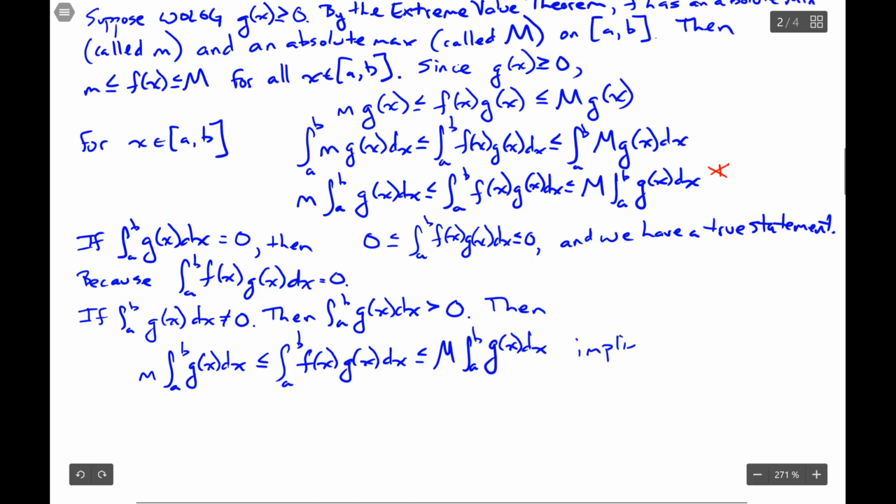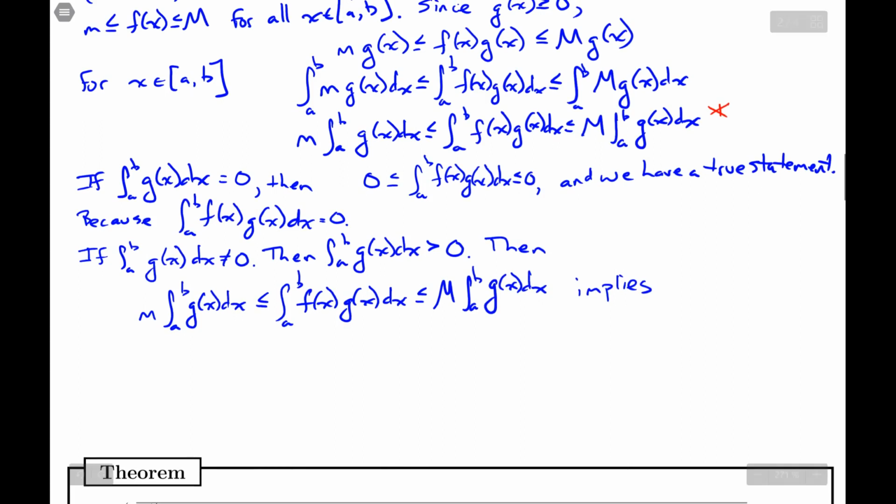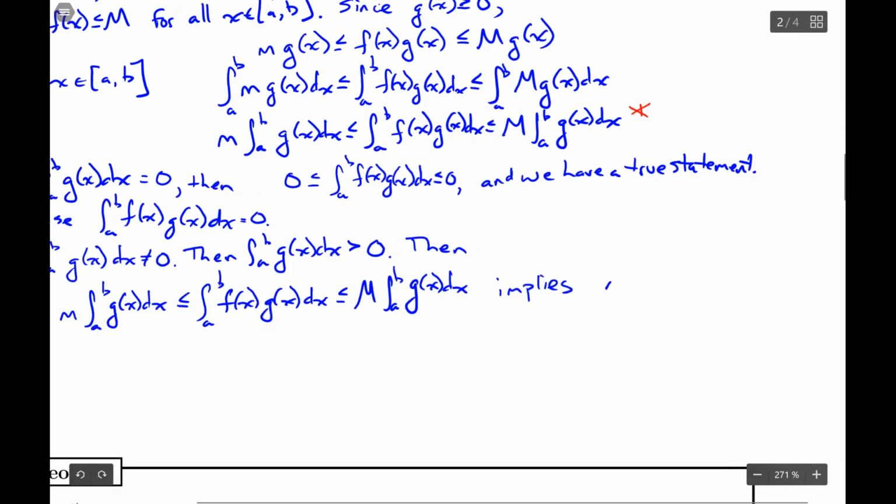This implies that because we have an integral from a to b of g of x dx, which is positive and not 0, we can divide by it, and it wouldn't change any of the inequality symbols. This would imply that little m is less than or equal to an integral from a to b of f of x g of x dx, divided by an integral from a to b of g of x dx, which would be less than or equal to big M.